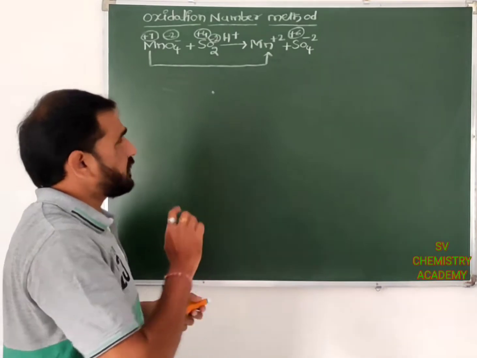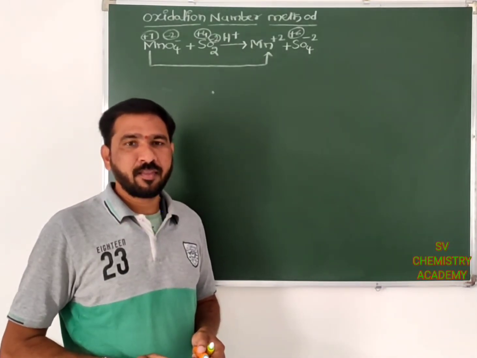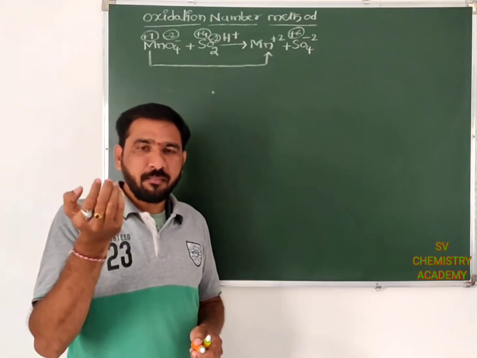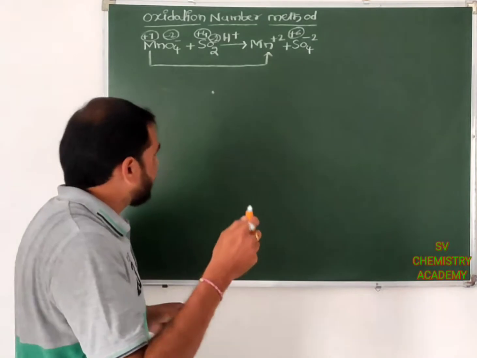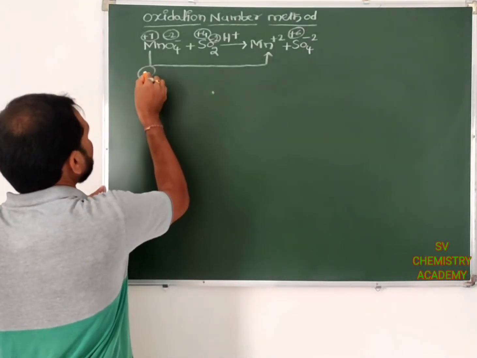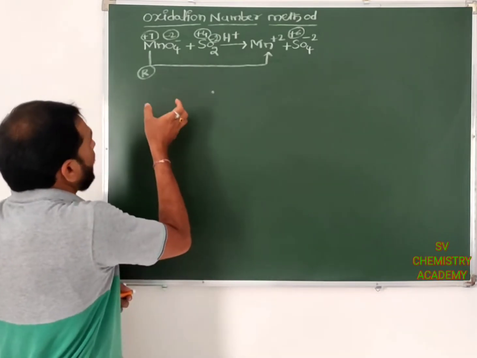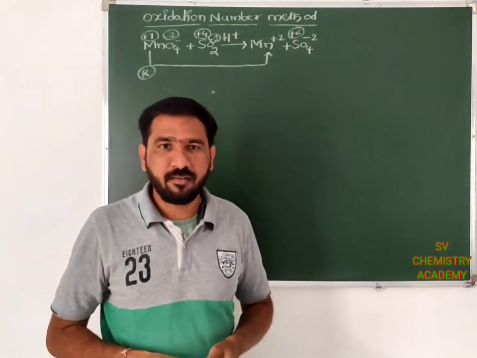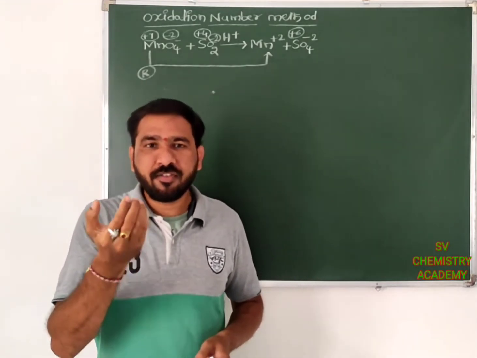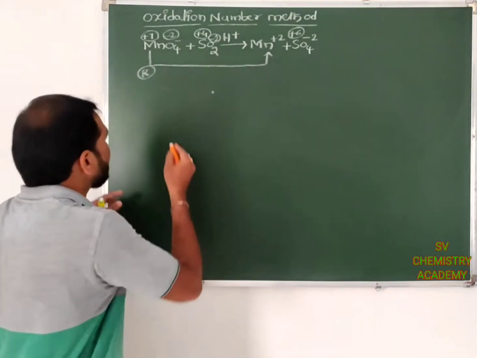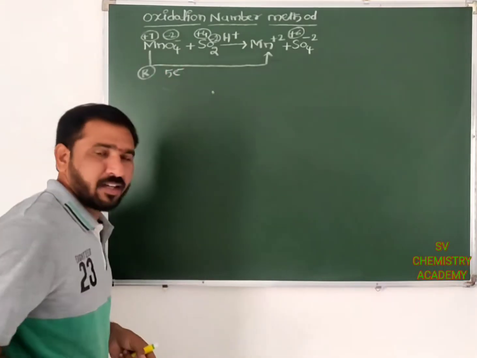As I told in the previous video, reducing the oxidation state is possible by gain of electrons, no? So that process is called what? Reduction. In this step, how many electrons participated? Plus 7 converted to plus 2 means a gain of 5 electrons. So 5 electrons participated here, right?